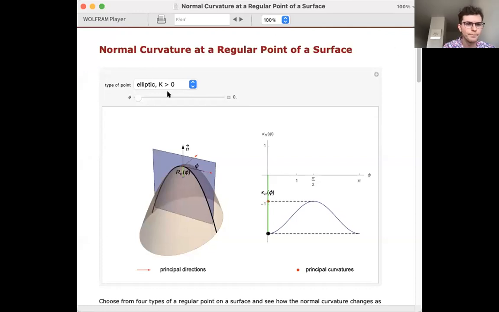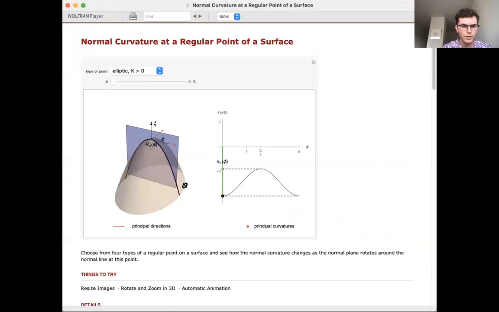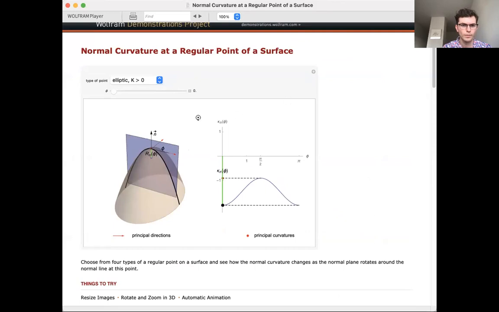Can everyone see the Wolfram Alpha animation?